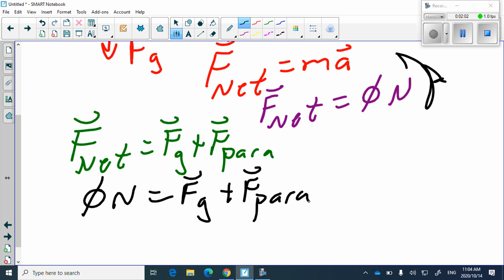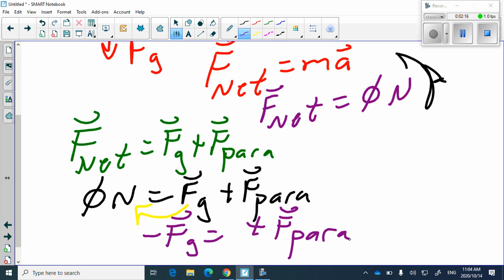Well, what I'm going to do is bring this to the other side. When I bring it to the other side, look, force gravity and force parachute. Look what happens. They're of equal magnitude, right? But one's in the opposite direction of the other. So they are balanced. Does that make sense?